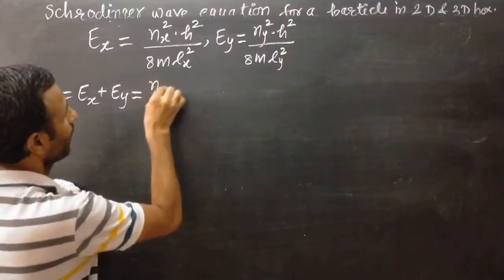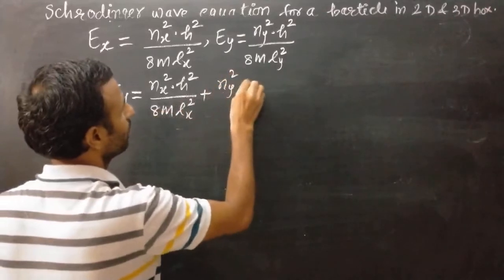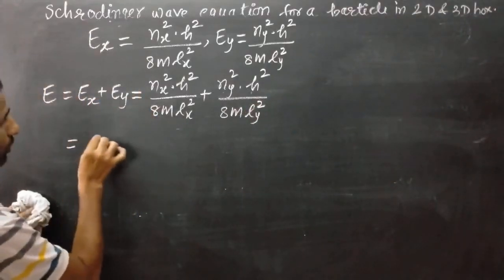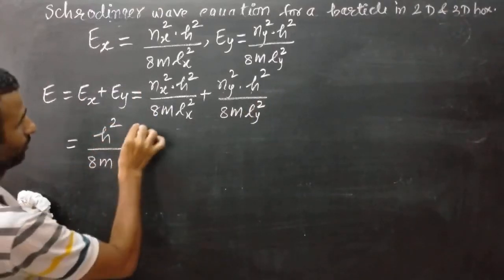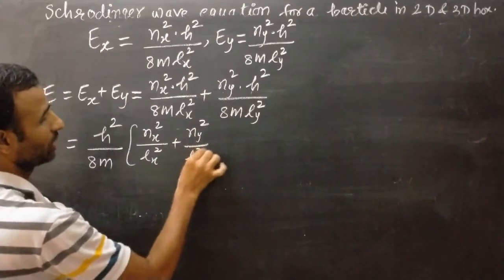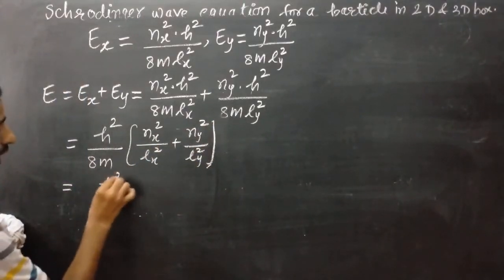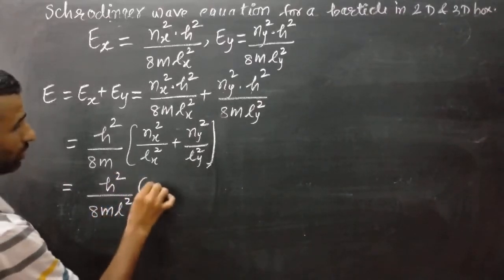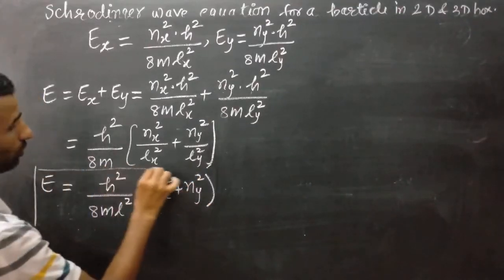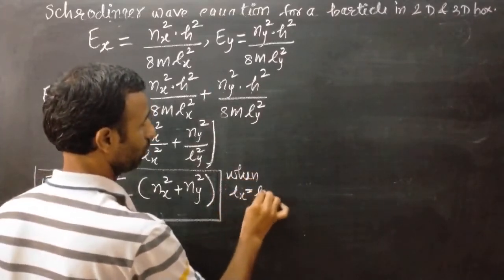That is nx²h²/8mLx² plus ny²h²/8mLy². So that is equal to h²/8m (nx²/Lx² + ny²/Ly²), right? And that is equal to h²/8mL² (nx² + ny²), and this value comes out to be like this when Lx is equal to Ly equal to L.